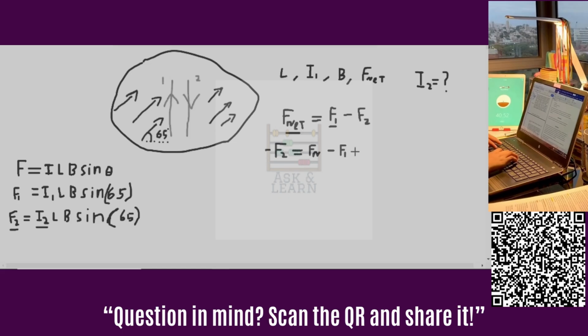And then we can multiply both sides of this equation by -1, just so we have a positive value for what we're looking for. F2 is equal to F1 minus F net.